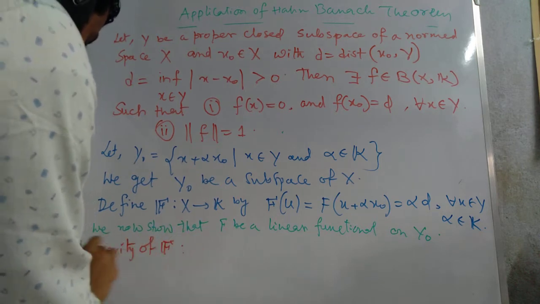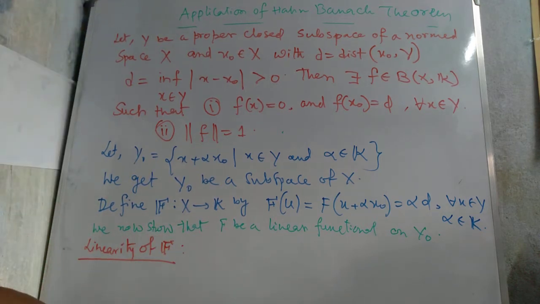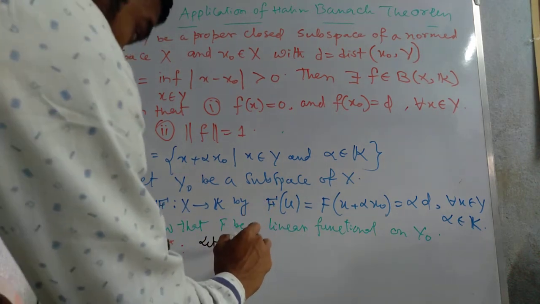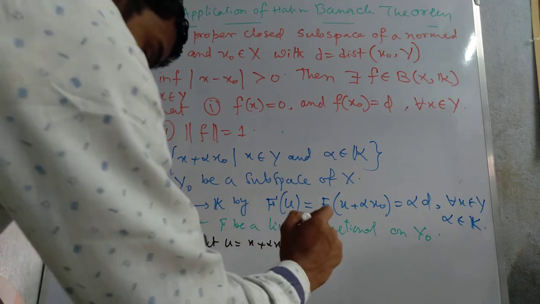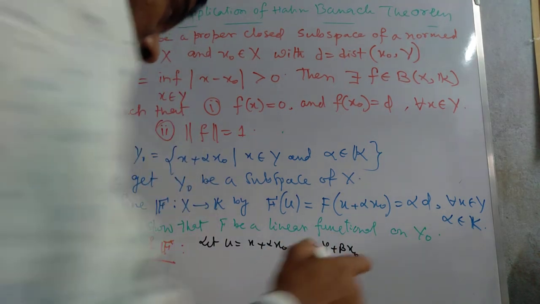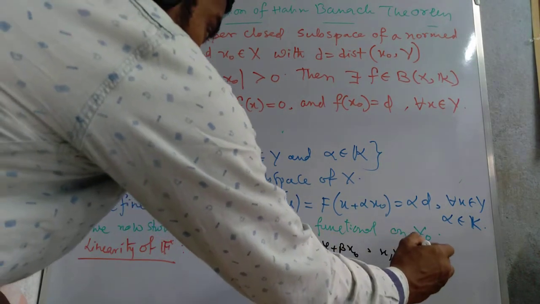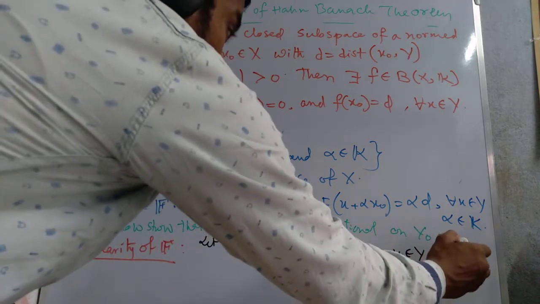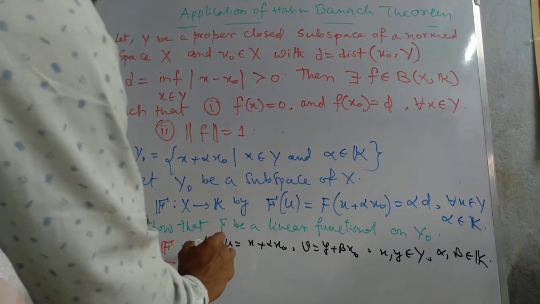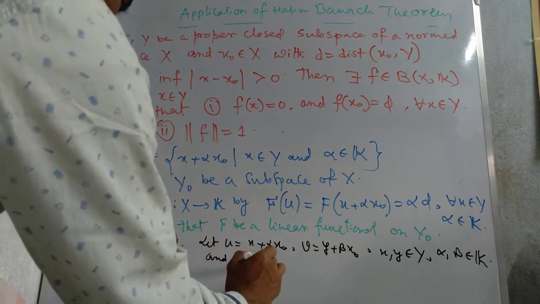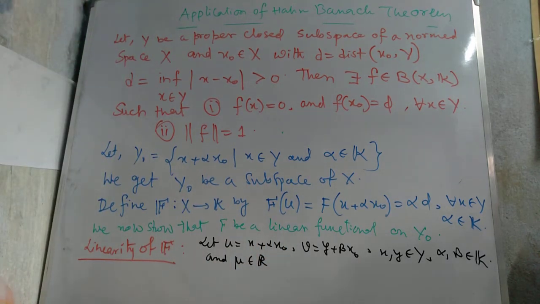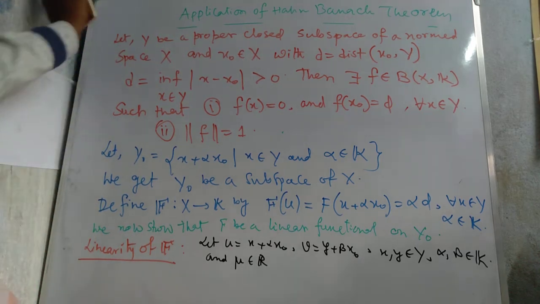So simply, let u equal to x plus alpha x0 and v equal to y plus beta x0, where x, y belong to Y and alpha, beta belong to K, and mu belongs to R or K.